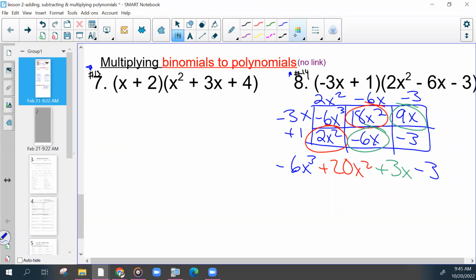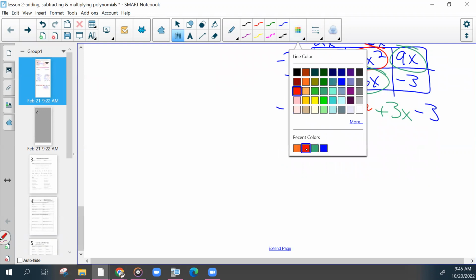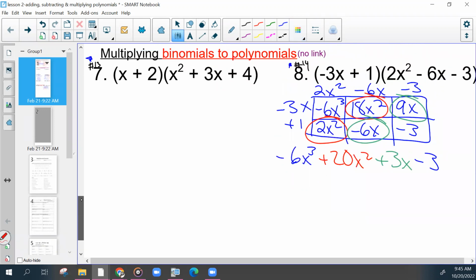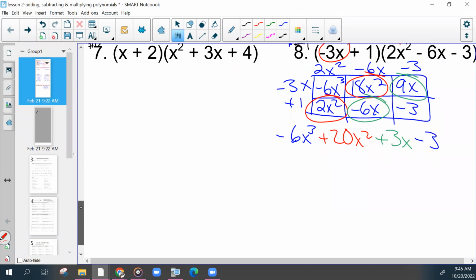Using that same problem, I'm going to show you the other method. If you like the box method and are just going to use that, you don't have to write this down. If you wanted to rewrite it, you're going to take the first term and multiply it to everything, whether that's you rearranging or just writing what those are.